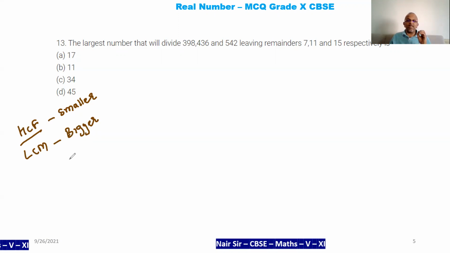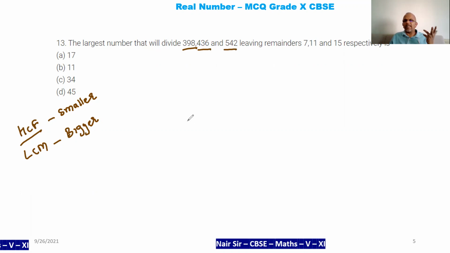I personally know that this kind of teaching has started from grade 6. It is not new. The only thing is that at that time it was at the application level. Remember this thing. Now look at this. What am I finding? The number that I'm going to find will be smaller than 398, 436 and 542. So the number will be smaller.